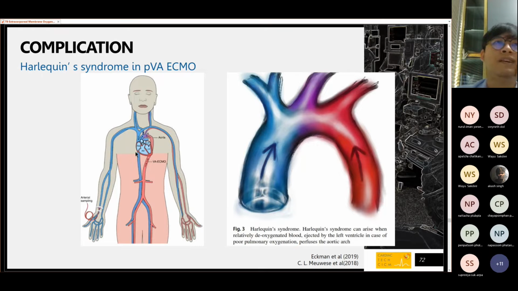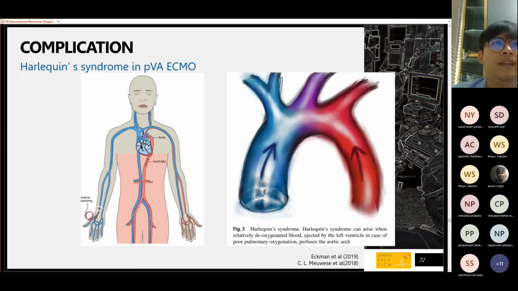So you can see here, if the lung does not come back well, the lower part of the body is still supported by the ECMO, but the upper part of the body that you see here is supported by the heart pumping, because the ECMO flow cannot fight with the heart flow.